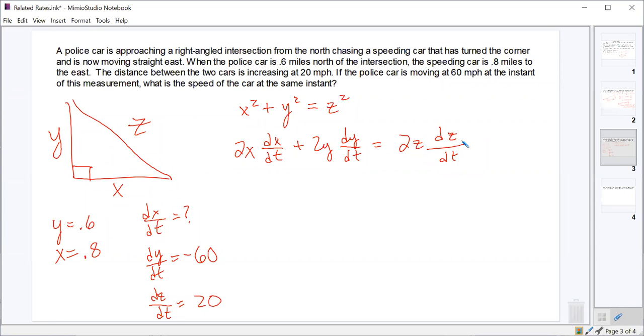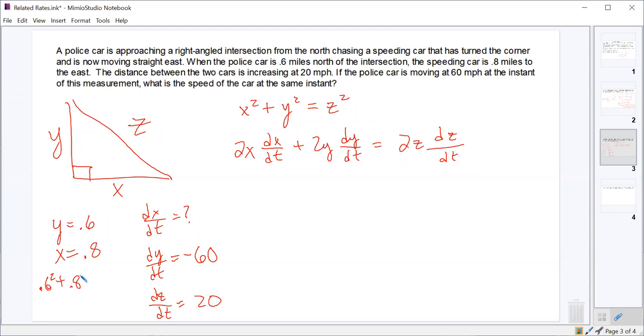Good or no? Yep. Okay. So we've got the x. We're looking for dx/dt. We've got the y. We have dy/dt. We have dz/dt, but we're missing z. So how do we find z at the instant we're interested in?